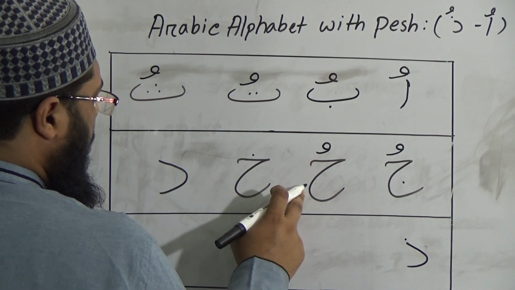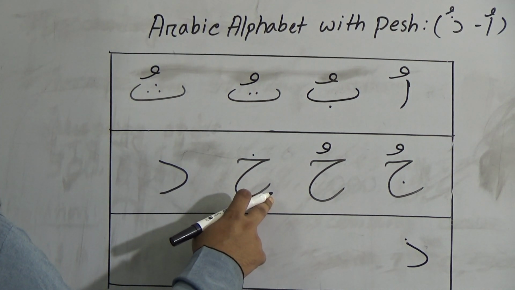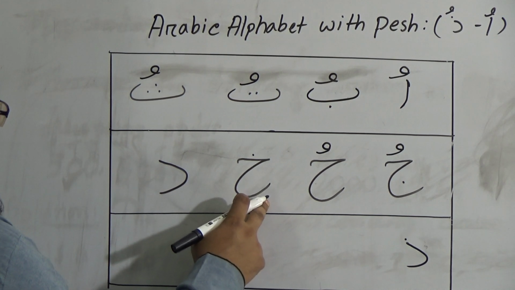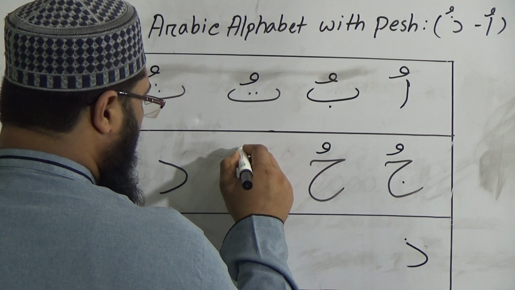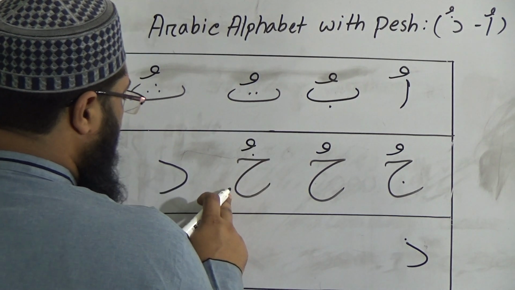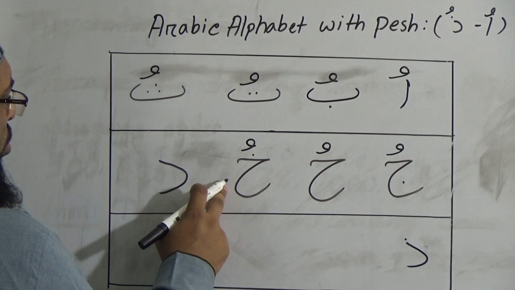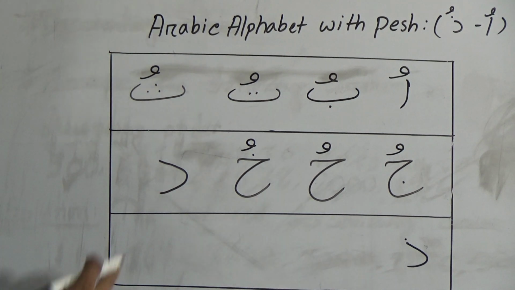Now this is Kha. My dear students, we have said it before that this is Kha. Now I am putting a Pesh over the Kha, and you have to pronounce this alphabet Kha Pesh Khu. Now this one is Dal.